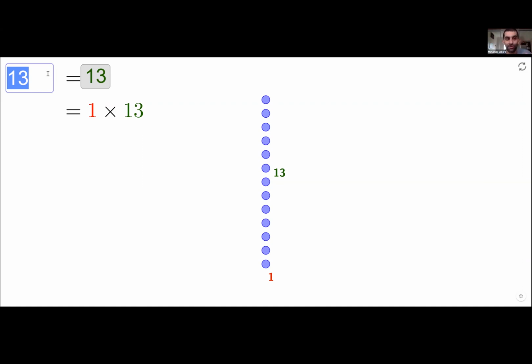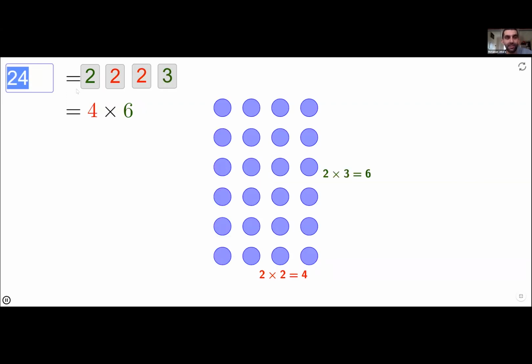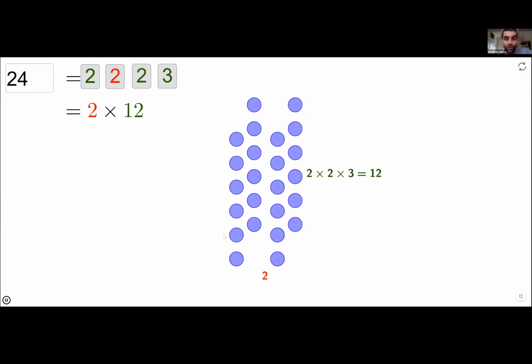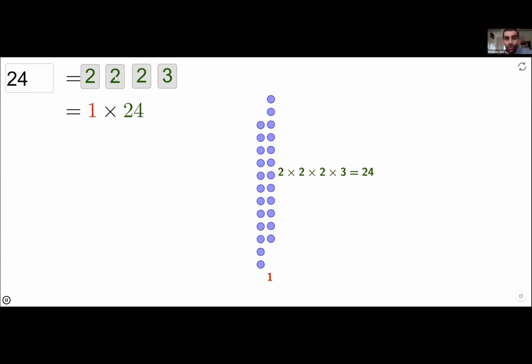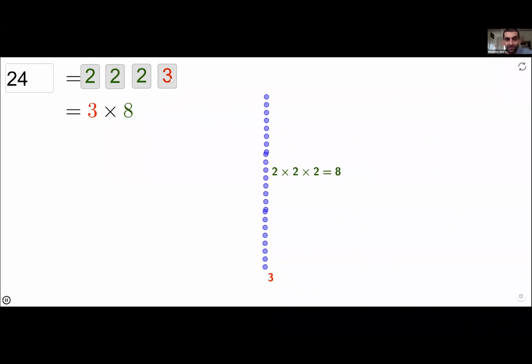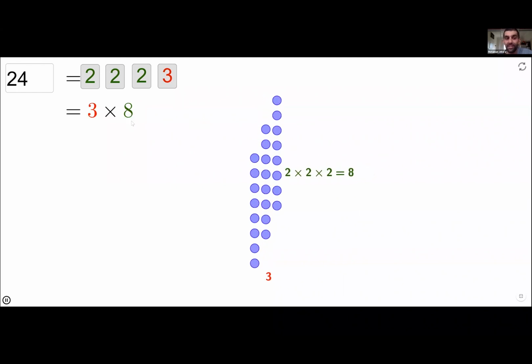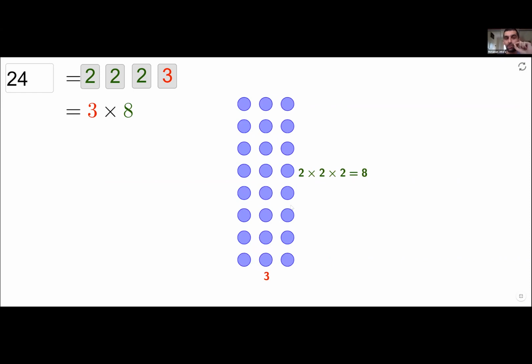So like we saw with 24, say, you can have 4 times 6, or you can have 2 times 12, or you can have 1 times 24, or you can have 3 times 8. So we're finding these factors that are going to make this perfect rectangle.